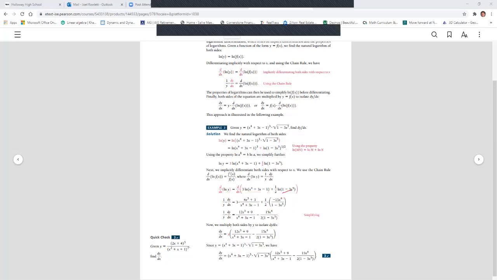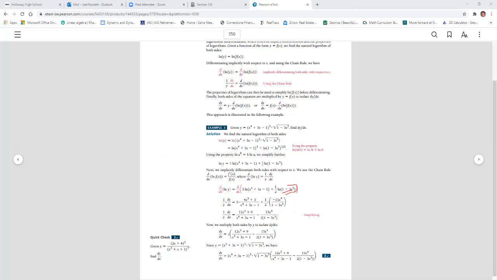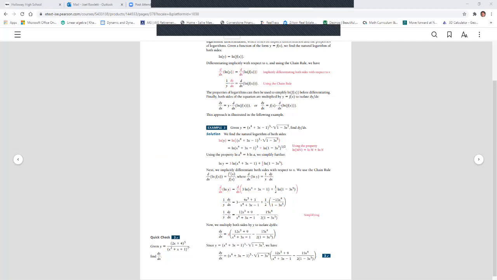And they did the same thing here. The derivative of this u is going to be negative 15x to the power of 4. This is just power rule, so du over u itself. And the 1/2 just came along for the ride. That leaves us 1 over y times y prime equal to all of this here.